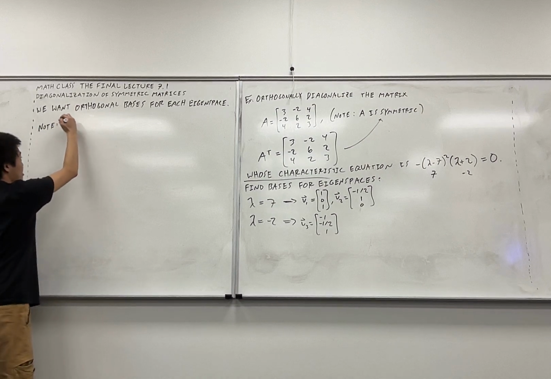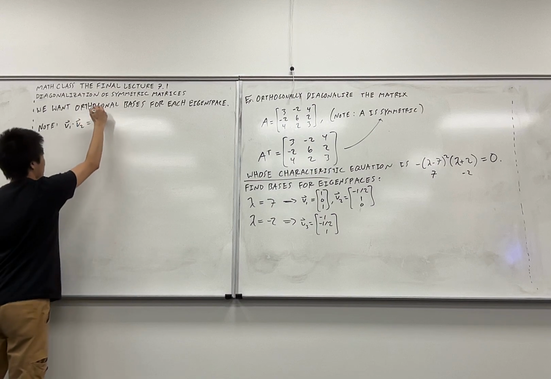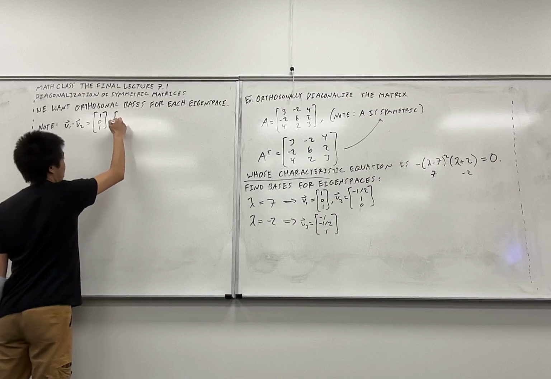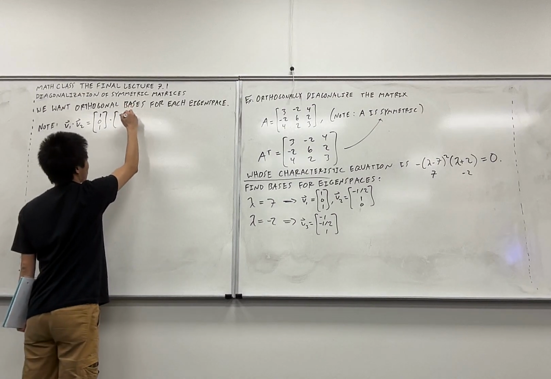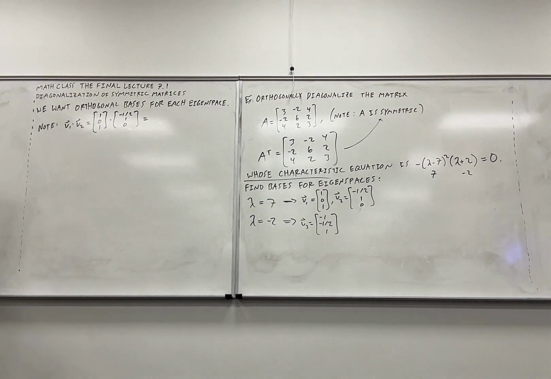If I took the dot product of v1 dot v2, I'm taking the dot product of 1, 0, 1 and minus 1 half, 1, 0. How would I compute this dot product?